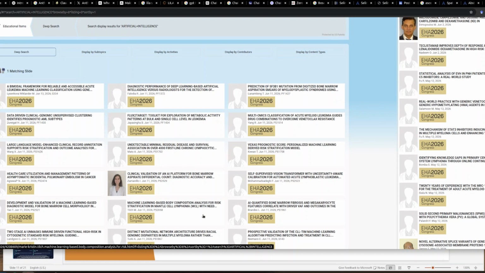And what are their uses? If you look in here, you can do risk stratification. You can use it for slide viewing, like blood smears. You can use it for diagnostic purposes. You can use it for new biomarker discovery.